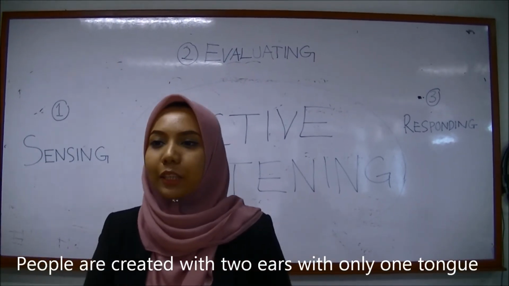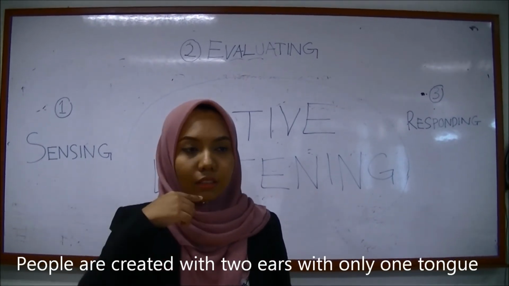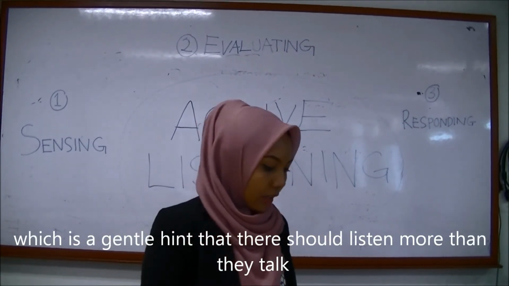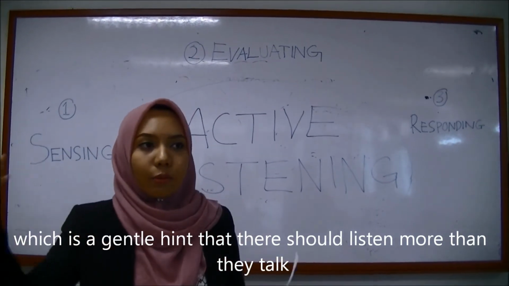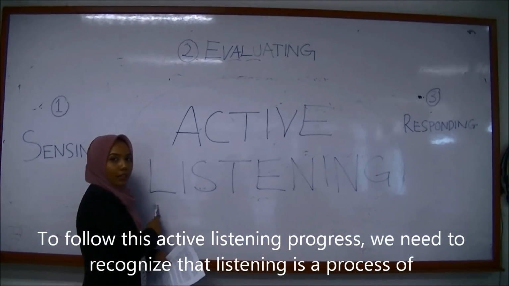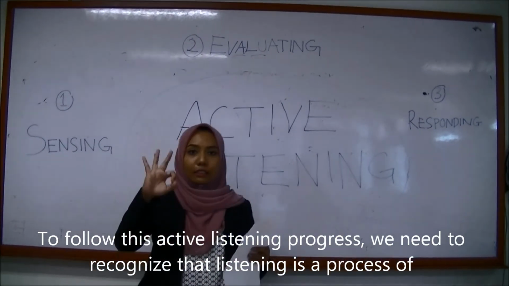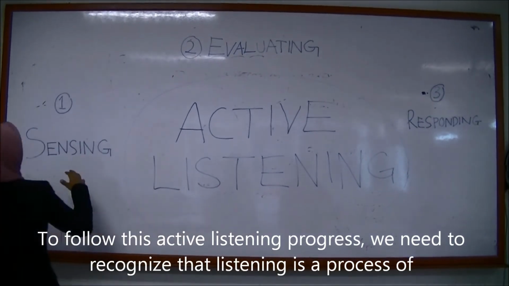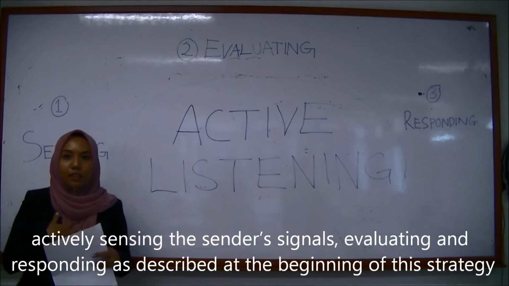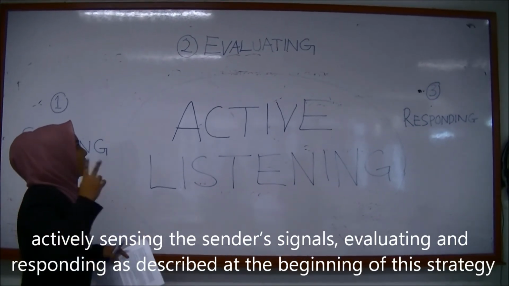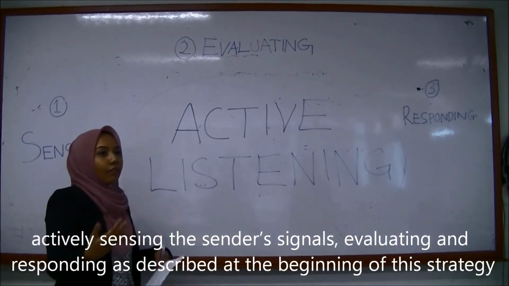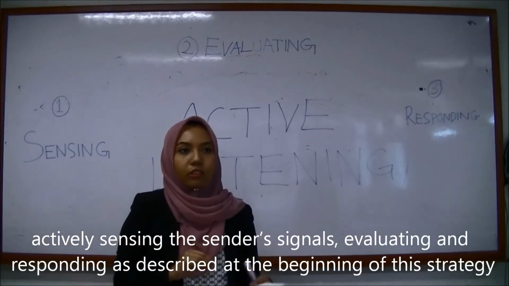People are given 2 ears and only one tongue, which is a gentle hint that they should listen more than they talk. To follow this active listening process, we need to recognize that listening is a process of actively sensing the sender's signals, evaluating, and responding, as described at the beginning of this strategy.